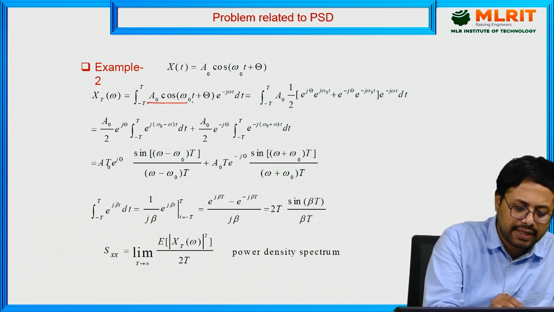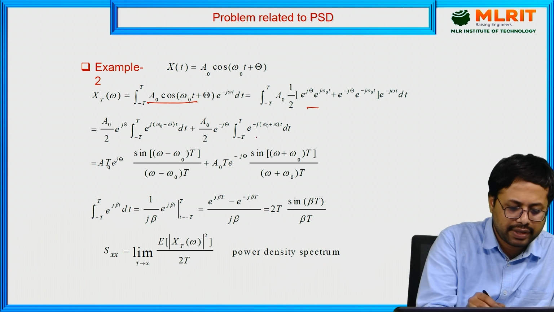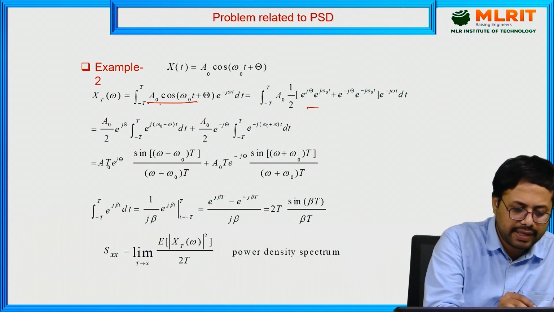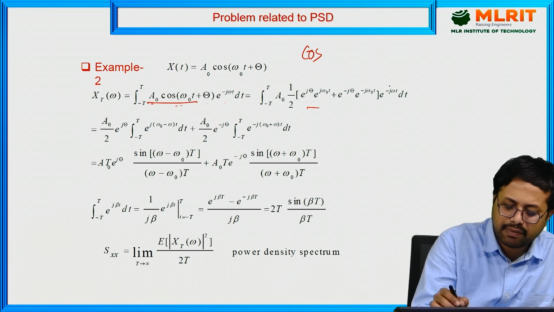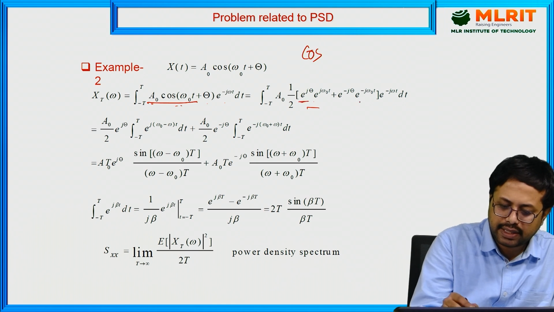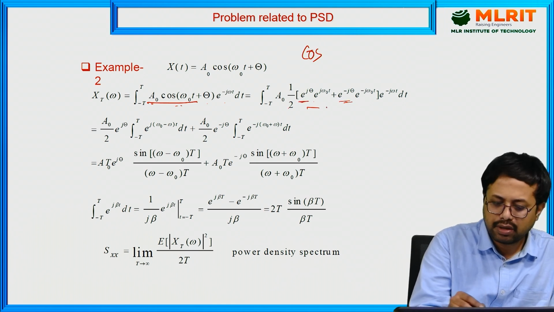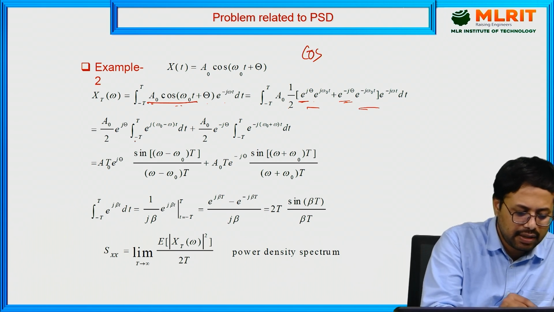First apply the Fourier transform: the integral of A naught cos of omega naught t plus theta times e power minus j omega t. Apply the cos formula, cos of omega t equals e power j theta minus e power minus j theta by 2, and split it. Expand and simplify.